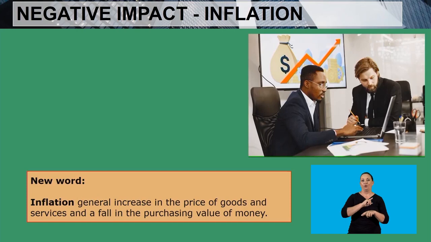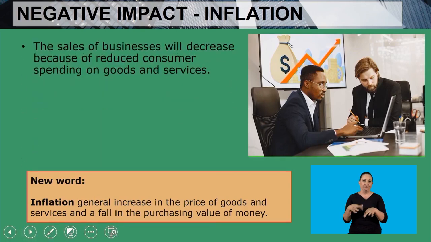Now let's move on to the next socio-economic issue. We have a new word there. Inflation, it's the general increase in the price of goods and services and a fall in the purchasing value of money. The negative impact of inflation is that the sales of businesses will decrease because of reduced consumer spending on goods and services.